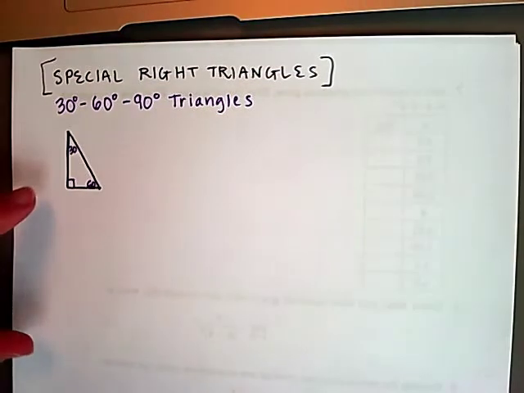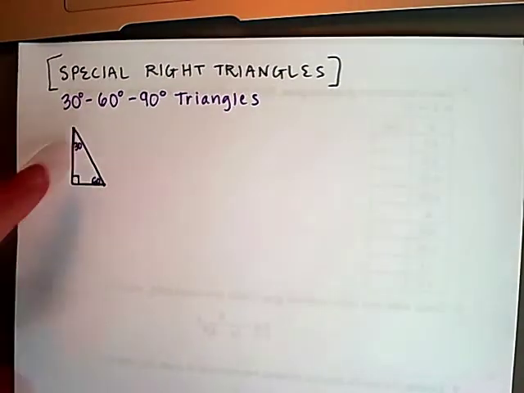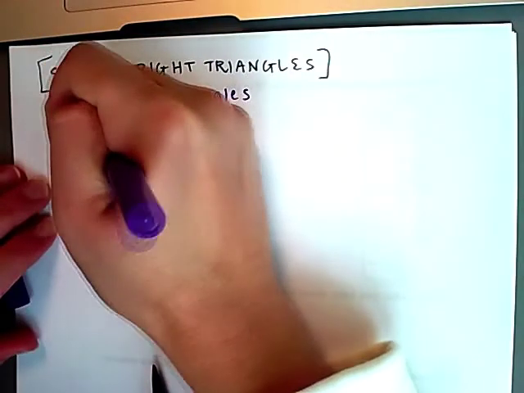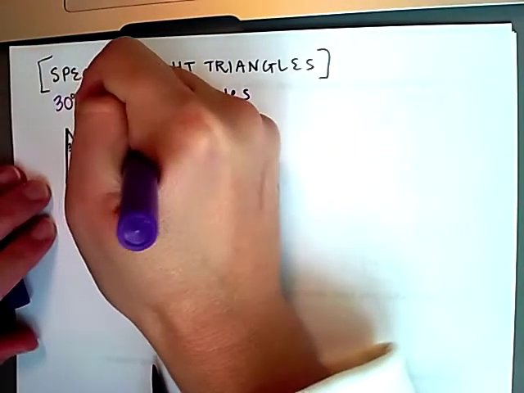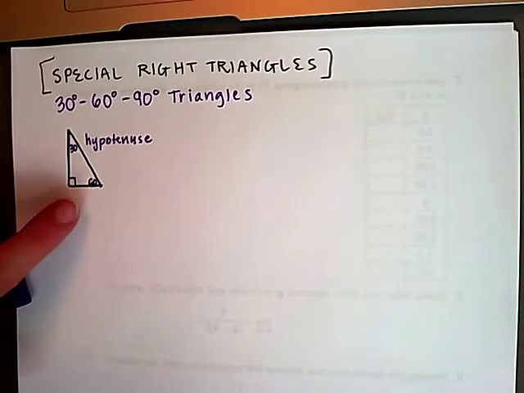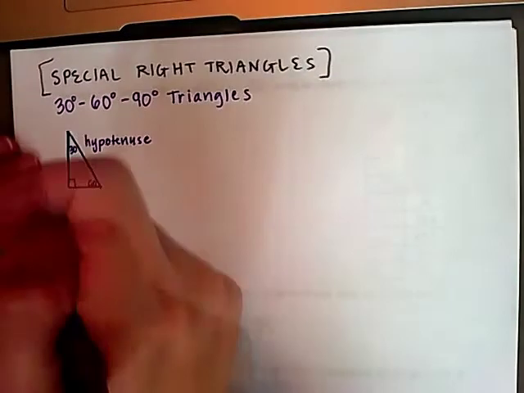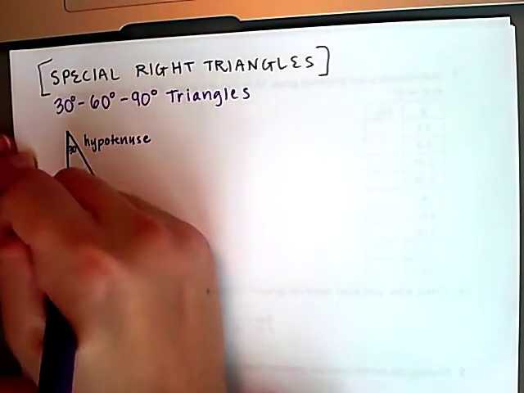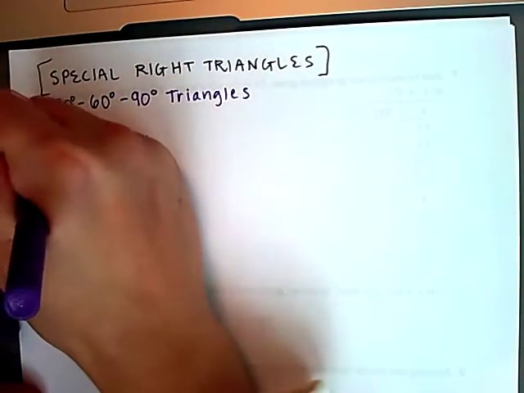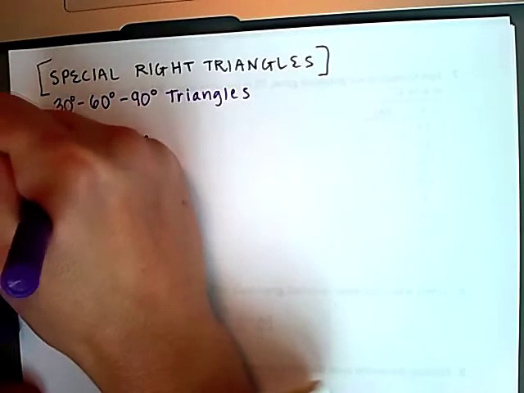So we have three different sides. We have our hypotenuse, just like in the 45, 45, 90 triangle. But now, unlike the 45, 45, 90, the two legs are different lengths. I'm going to call the short one the short leg and the long one the long leg.